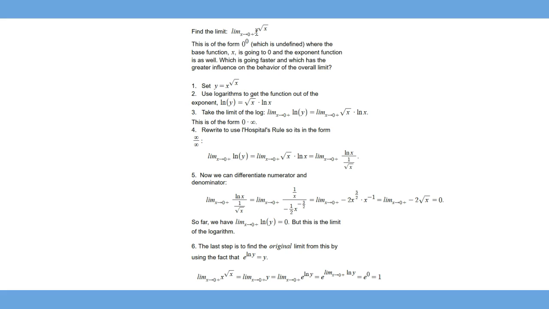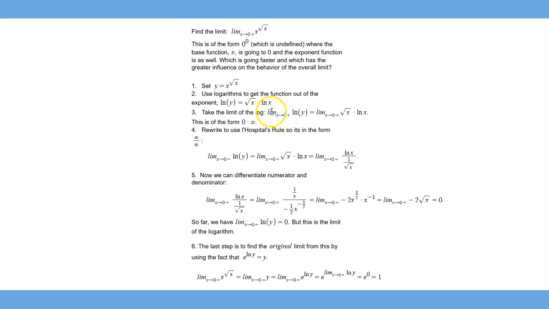Look at it another way, is it 1? What we're going to do is use the logarithmic procedure here. We set y equal to this expression, x to the square root of x, take the logarithm of both sides, and use the power rule of logs so that we have this product.